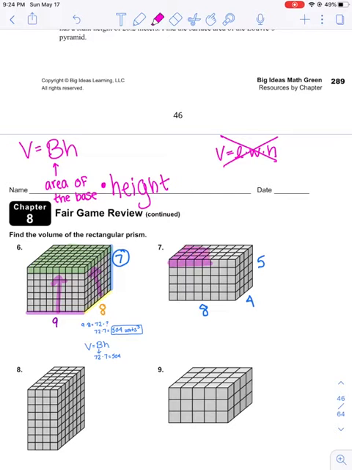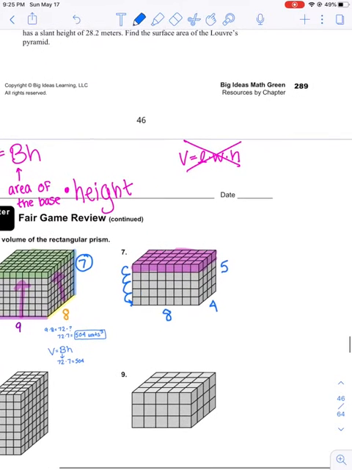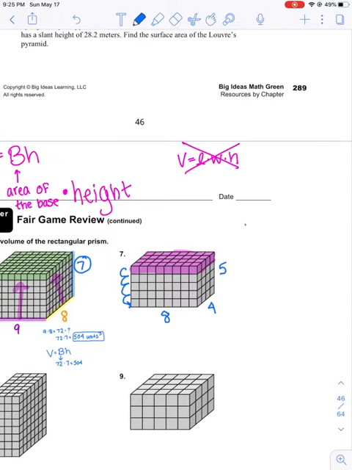So if I look at this top layer, the first thing I want you to do is to find out how many cubes are in that top layer, then multiply it by how many layers there are going down. Pause the video and see if you could finish finding the volume here. All right, so I'm going to use the formula to show this.